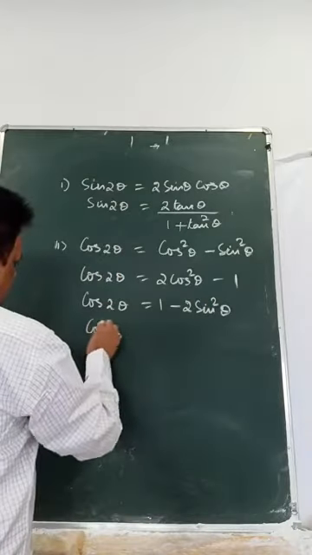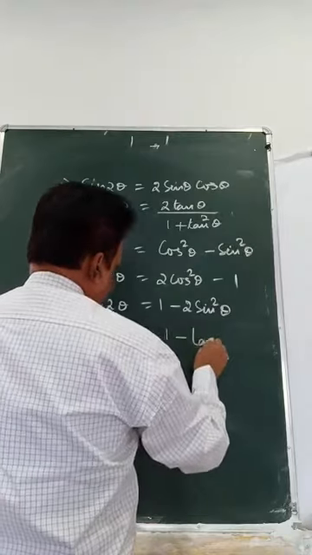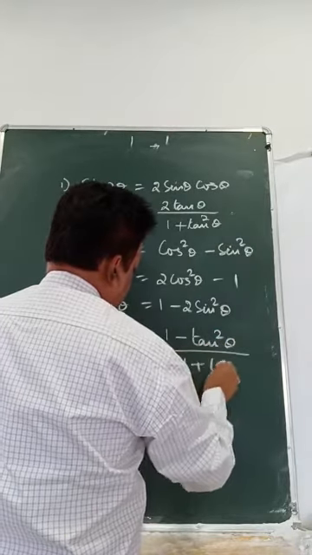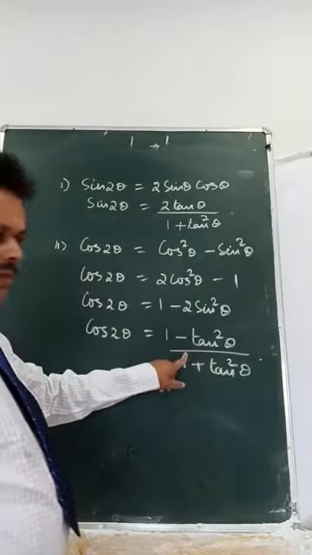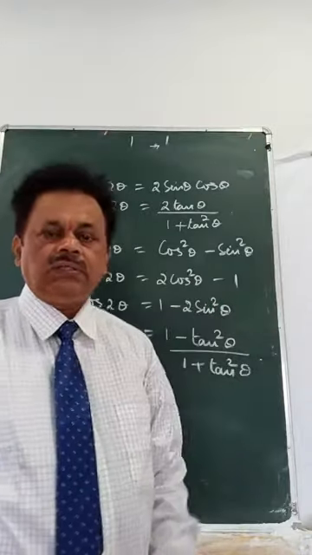Again, cos 2 theta is 1 minus tan square theta by 1 plus tan square theta. So cos 2 theta has 4 formulas. We will see the situation and use it.